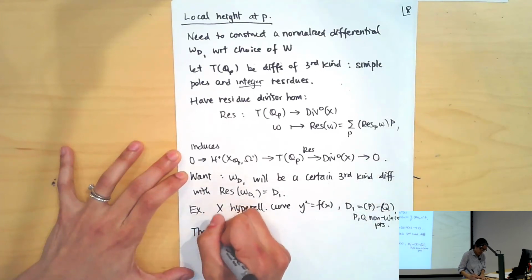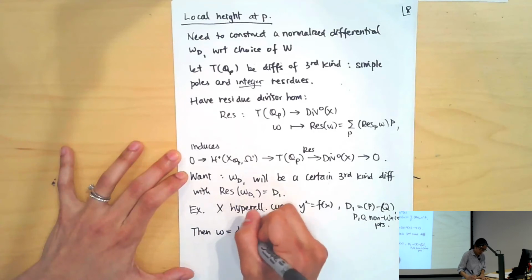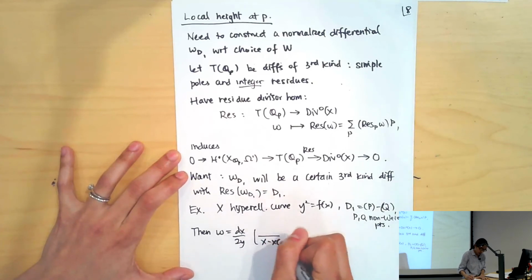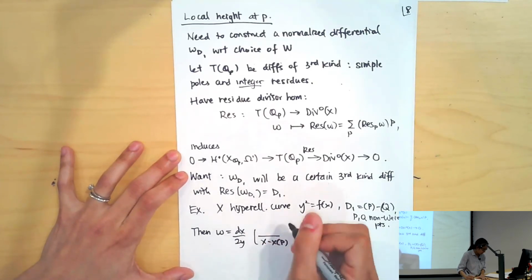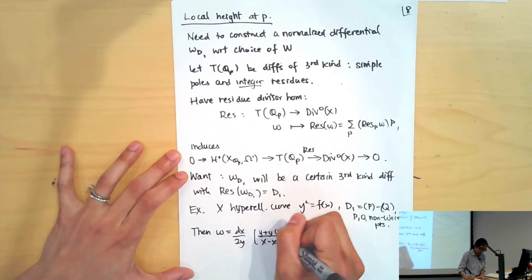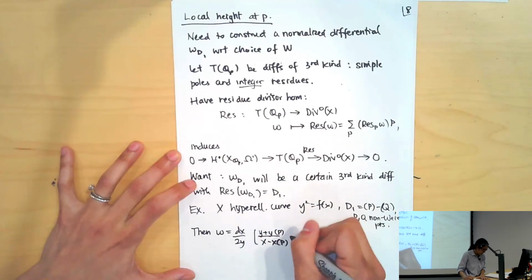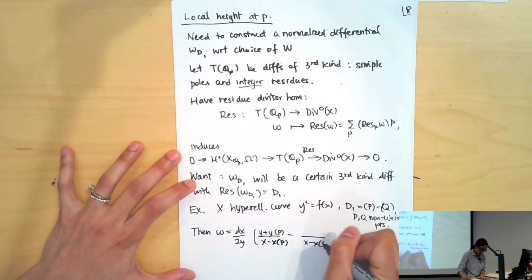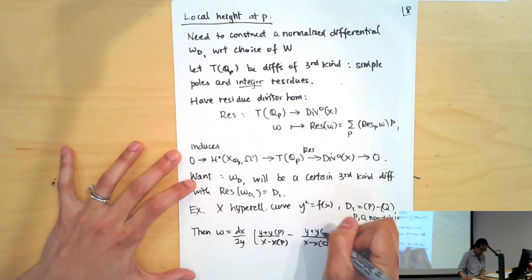And then if I write down the following, dx over 2y, and then I want a simple pole at p, a simple pole at q, and I want a residue of +1 at p and a residue of -1 at q. So I want my pole at p, but not also its image under the hyperelliptic involution. So I add y plus yp in the numerator. And then same sort of thing here, but with a minus, x minus xq, y plus yq.